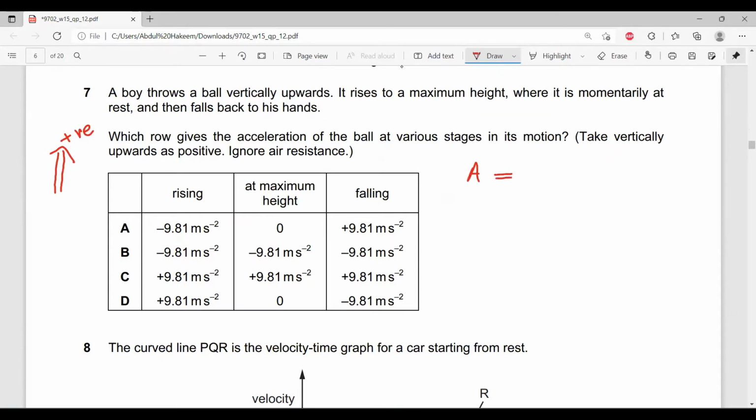Acceleration has magnitude and direction. First is rising. When it rises, the magnitude of the velocity decreases, so there is a negative sign, and it is multiplied by the upward direction, which is given positive. Negative multiplied by positive, the answer is minus g.